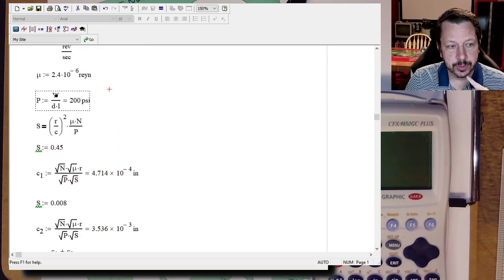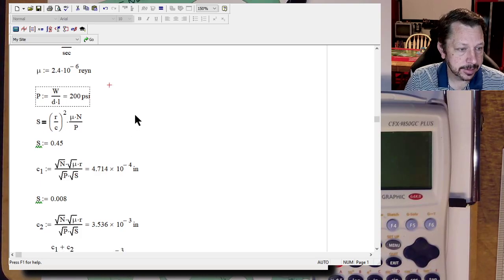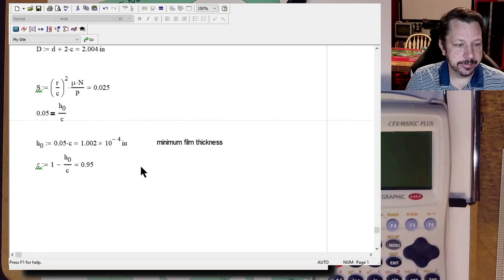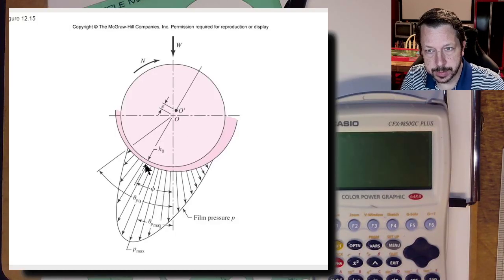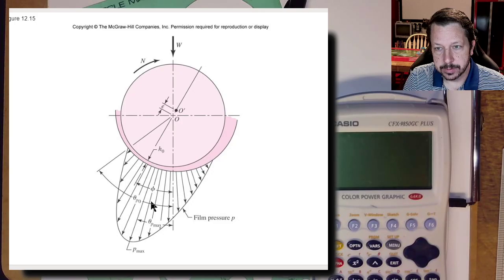P is force over that projected area, but we know that's not right. That was if everything was just sitting there centered up perfectly, but it's not. And so we need to find the maximum film pressure. That was on page 23. So the one that corresponds to this location where P max is, right in there.